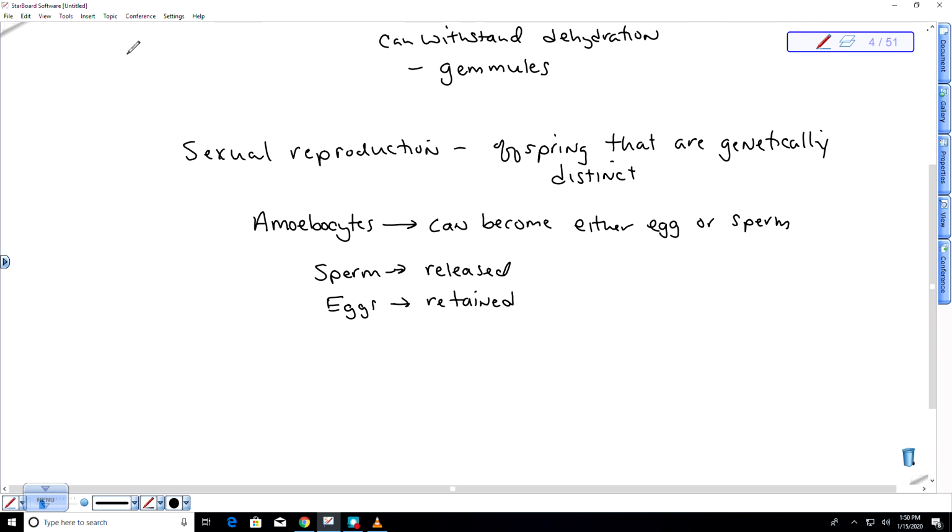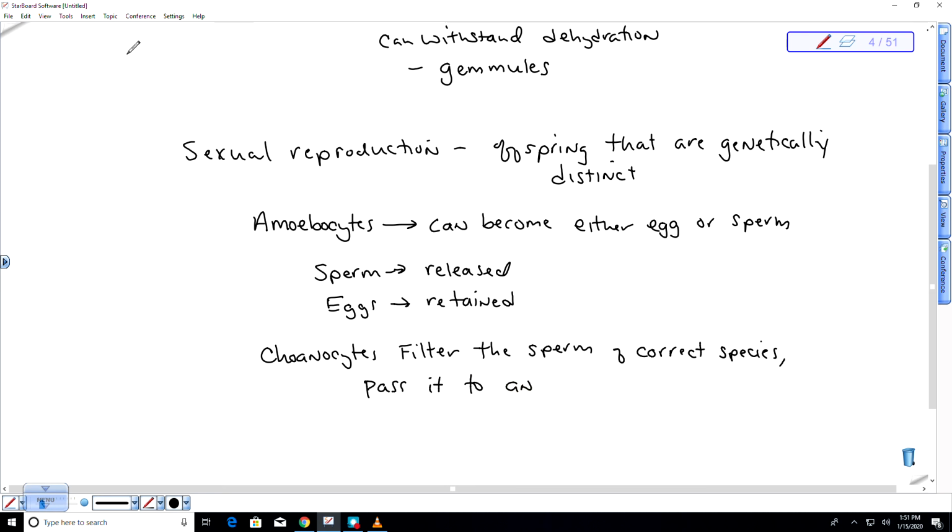And the choanocyte can detect that a sperm is of the same species. So the choanocytes filter the sperm of the right species, and they pass the sperm to an amoebocyte. And the amoebocyte delivers it to the egg.